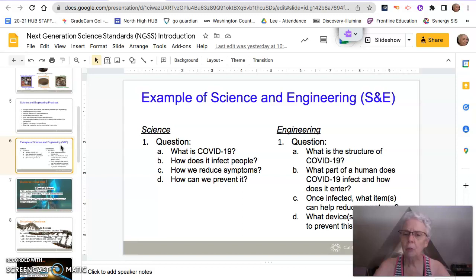What part of a human does COVID-19 infect, and how does it enter the body? Once infected, what item or items can we use to reduce the symptoms? And then lastly, what device or devices can be used to prevent this disease? Notice the difference in the two.